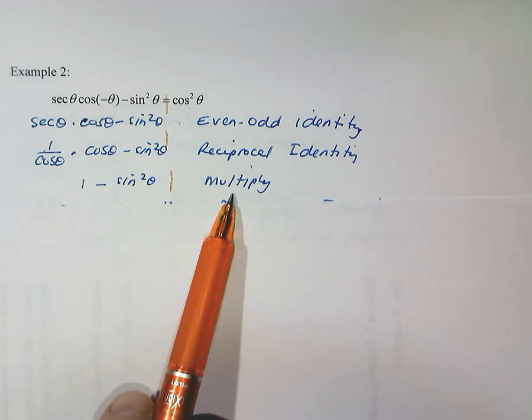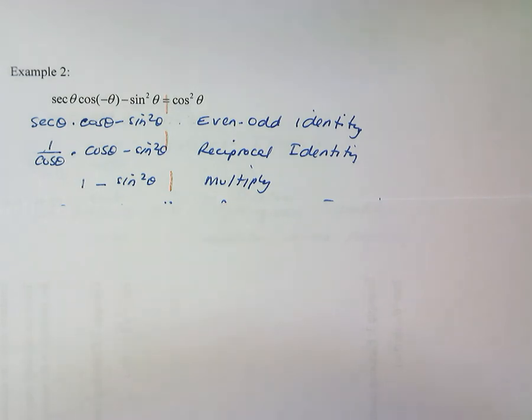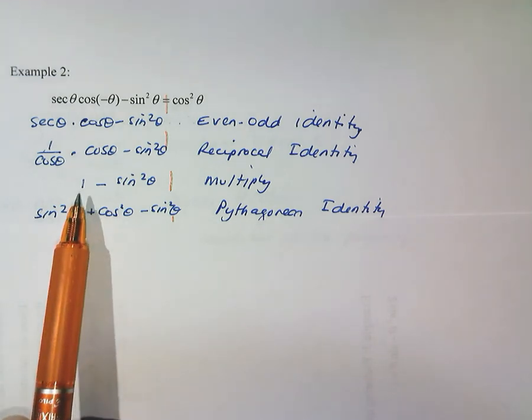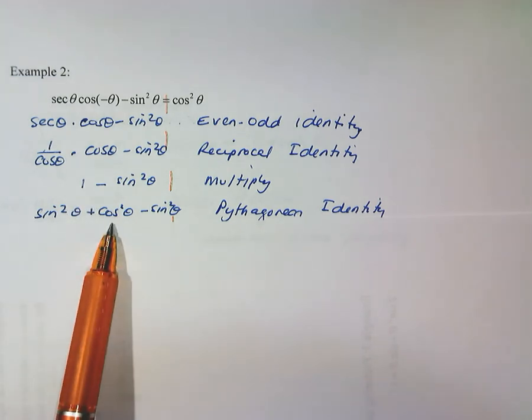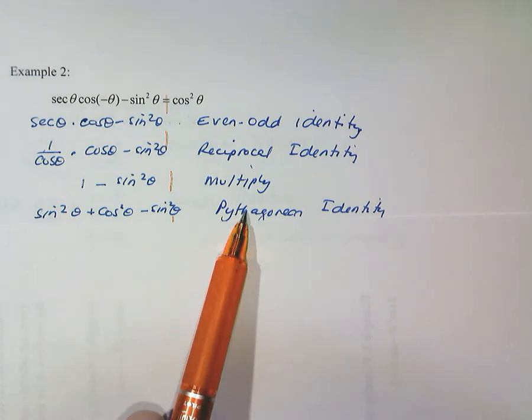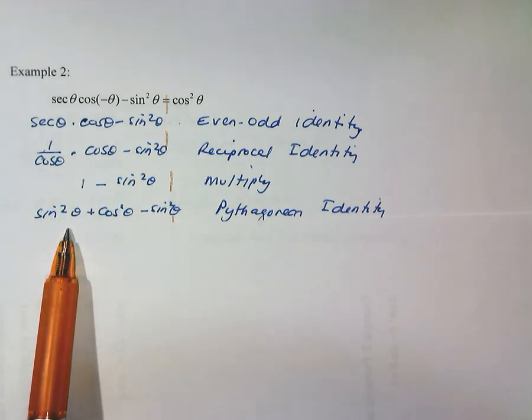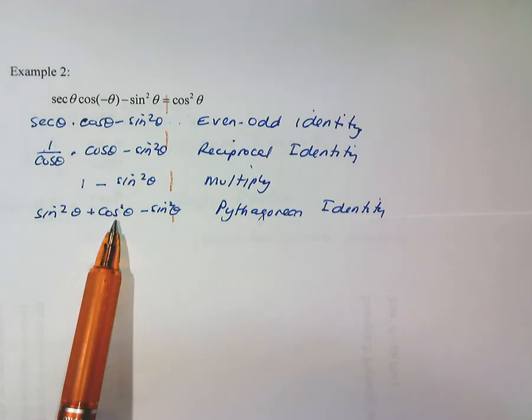So all I did was multiply. I can replace this 1 with sine squared theta plus cosine squared theta using the Pythagorean identity. Remembering that I want to end up with something with cosine squared, this is why I chose this, because it introduces cosine squared.